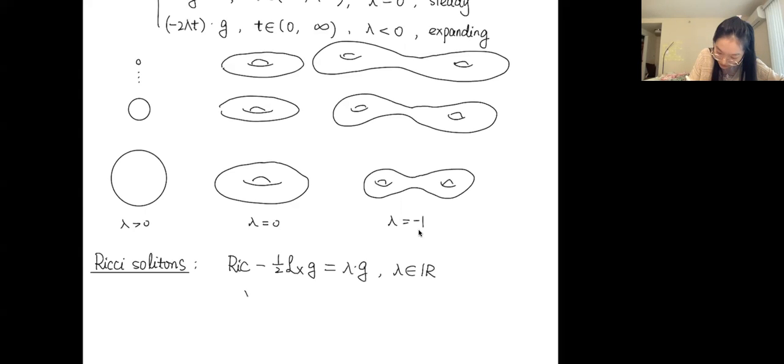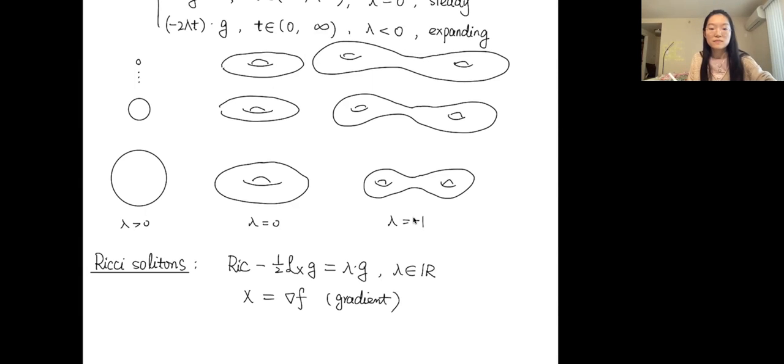In particular, if X is the gradient of some function f, it is called a gradient soliton. And in this case, the Lie derivative is 2 times the Hessian of the function f. So the gradient soliton equation is Ricci minus Hessian of f equals lambda times g.